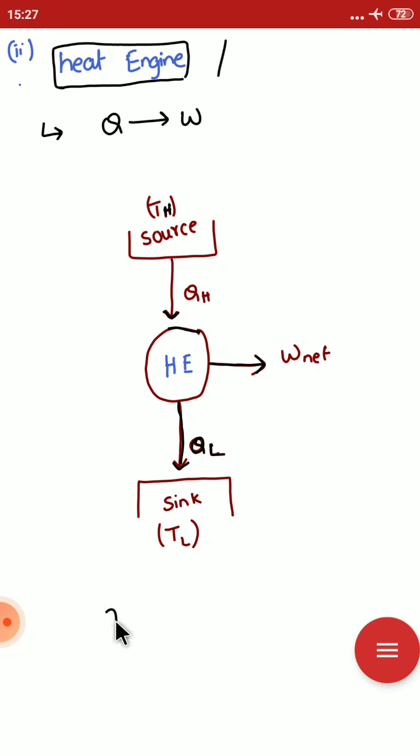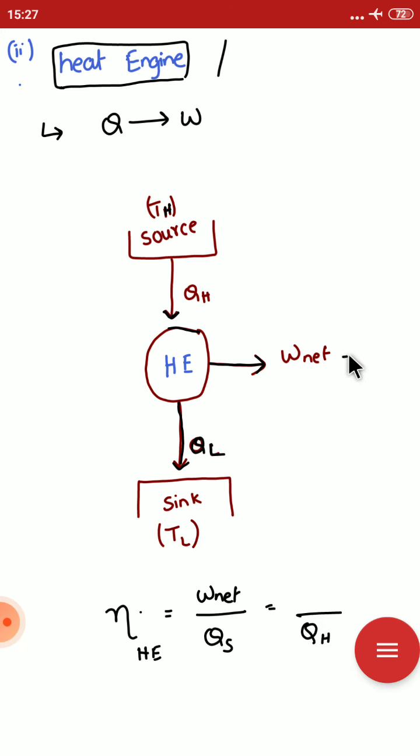For the calculation of the efficiency of the heat engine, it is W net to the heat supply. Heat supply here is QH.